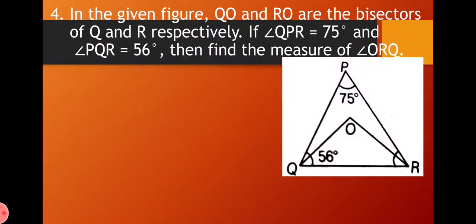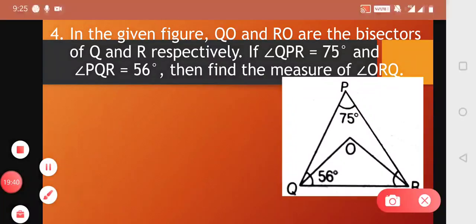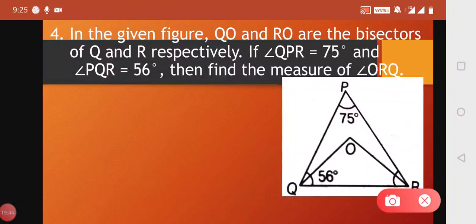Let's see the figure once. According to the question, it is given that in triangle PQR, QO is the bisector of angle Q, you can also write angle PQR.